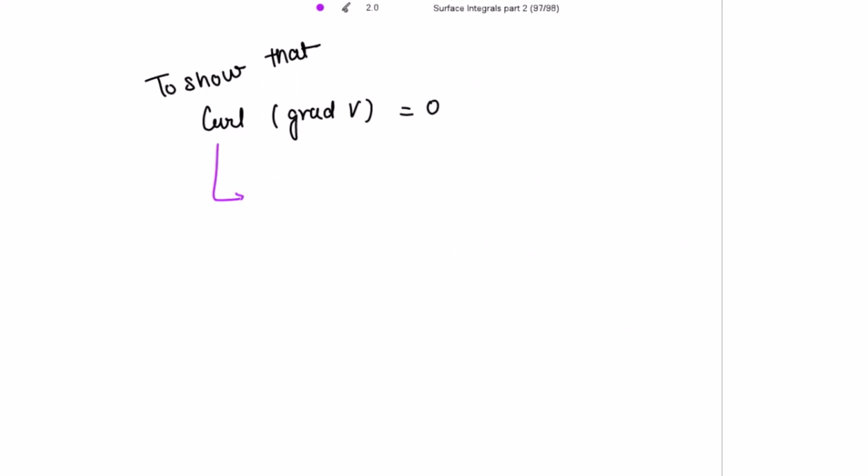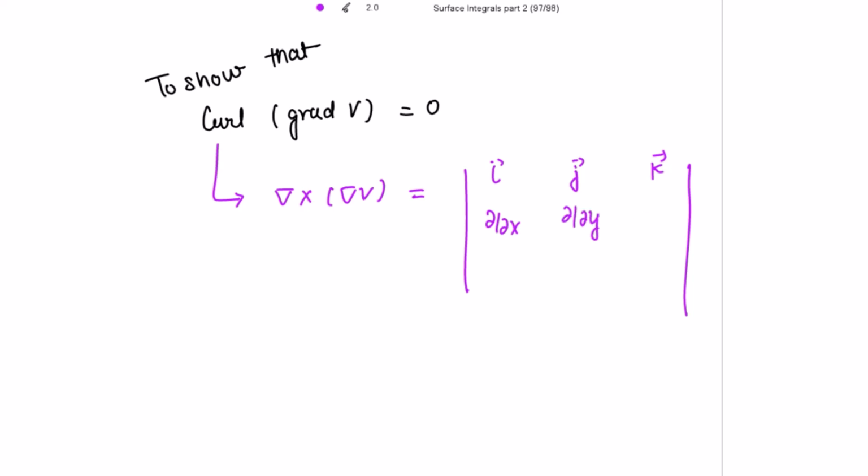Now this curl of grad V can be written as del cross del V, right? So this is equal to the determinant: writing here i vector, j vector, k vector, partial derivative with respect to x, partial derivative with respect to y, and partial derivative with respect to z. And what is grad V?